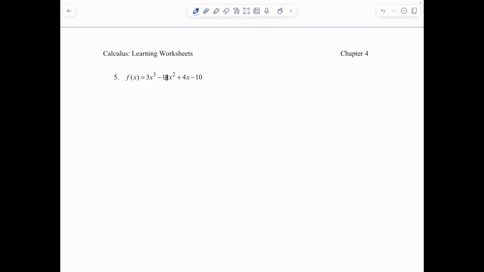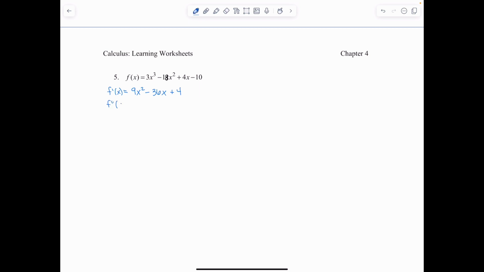Minus 18x squared plus 4x minus 10. Okay, so just as before, we want to find our second derivative and develop our partition numbers. F prime of x will give us 9x squared minus 36x plus 4.